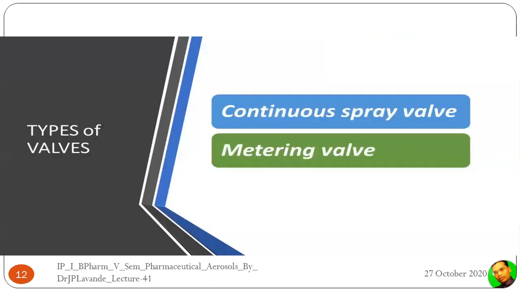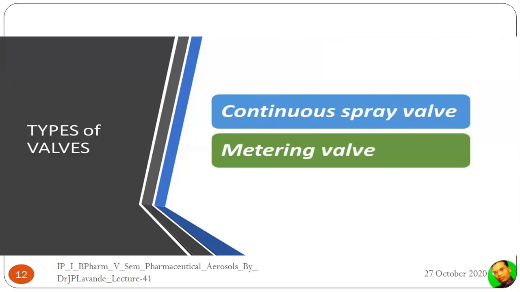As far as the types of valves are concerned, there are two different types: the continuous spray valve and the metering valve. In the case of duo sprays, if we keep it pressed, a continuous mist comes out of the aerosol system.